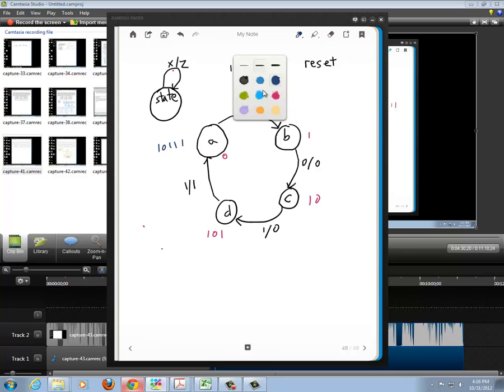However, in the non-reset case, which I'll put in orange, here we had a 1 0 1. Now if we had another 1, we're going to end up back here. And why is that the case?